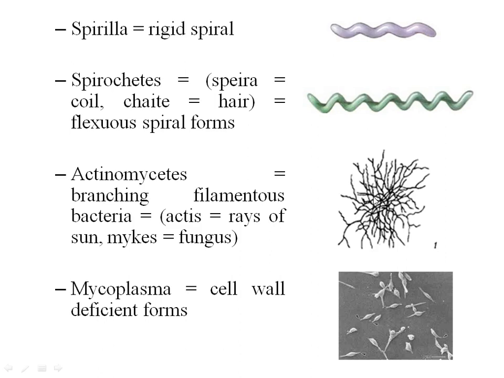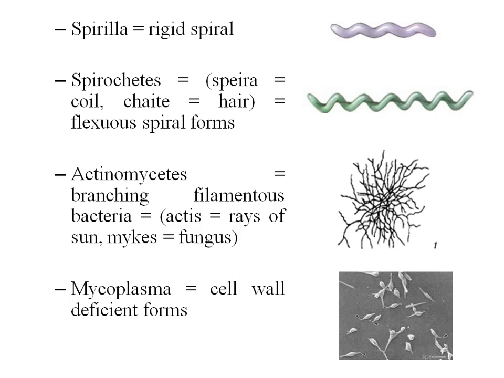So it looks like a ray of sun. And myx means fungus, because the filaments have a similar shape to that of the fungus. So they have a sun ray like appearance and also a fungal morphology. They were called the actinomycetes.